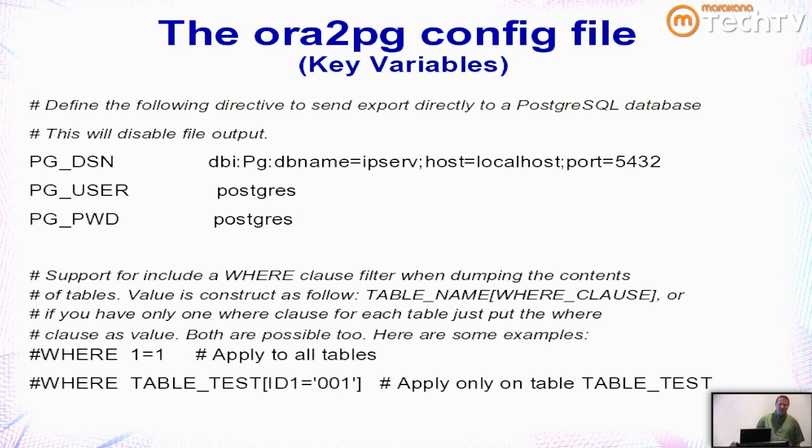And you can control, we'll get into that in a few slides here, whether it dumps to a single file or dumps multiple files for you. The PG-DSN, PG-user, PG-password, standard Perl DBI connection strings.